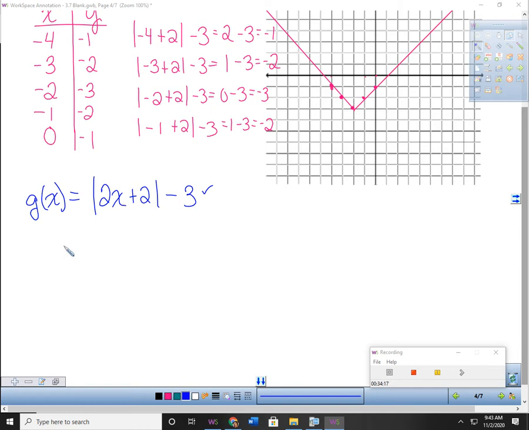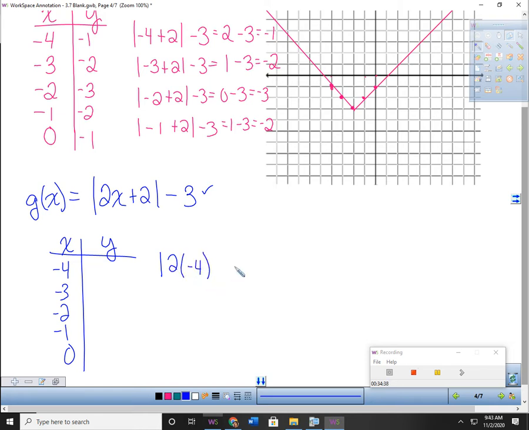So we have our negative 4, negative 3, negative 2, negative 1, and 0. So I have 2 times negative 4 plus 2 minus 3.